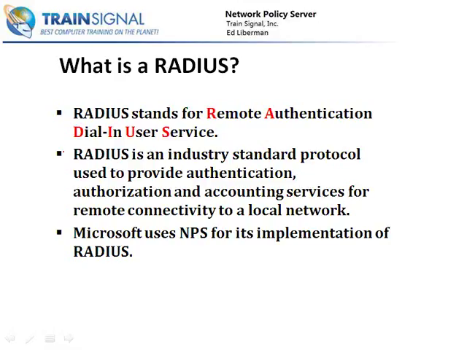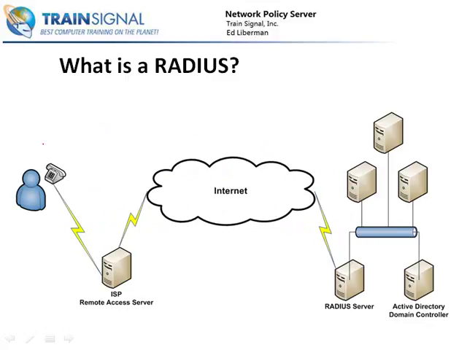And it can also keep an account of who's been accessing the network and for how long and when, and all that good stuff. Now, as I said a few moments ago, Microsoft uses NPS, Network Policy Server, for its implementation of Radius. Now, what I'd like to do is take you back through time and show you how Radius has been used.